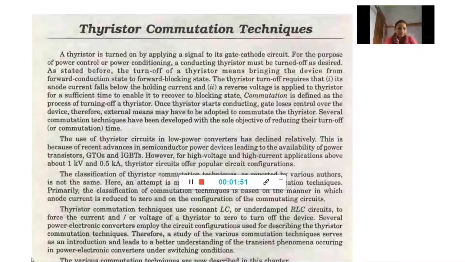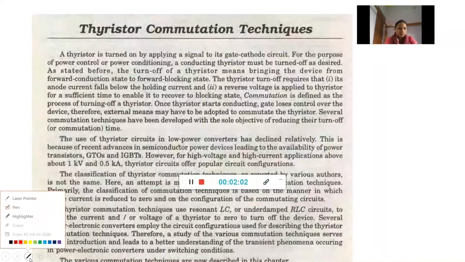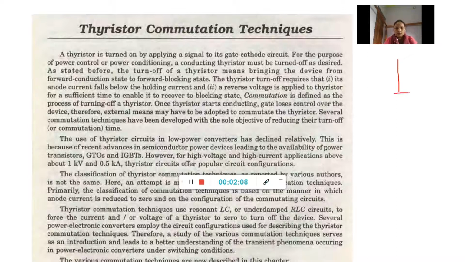Already I told you how the thyristor will turn on. So this is our thyristor.